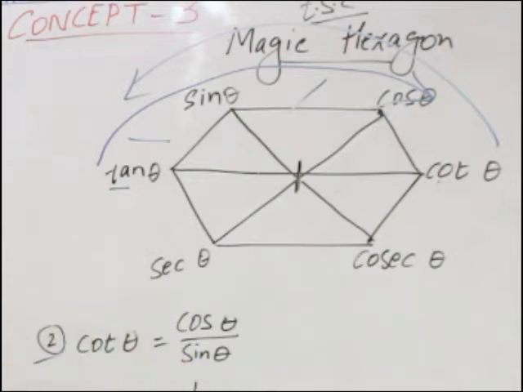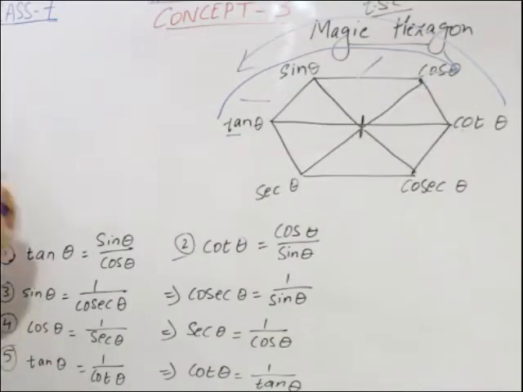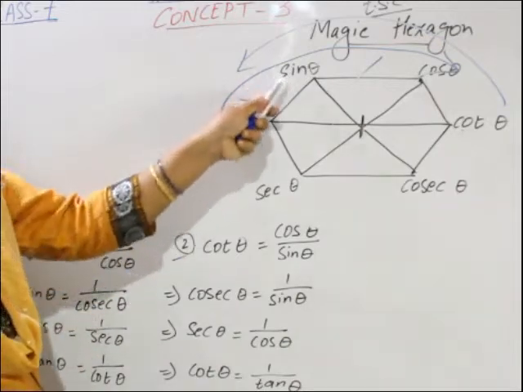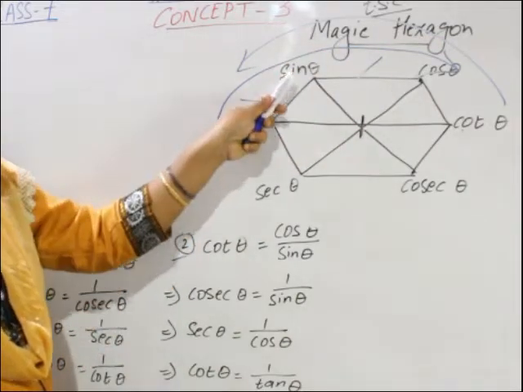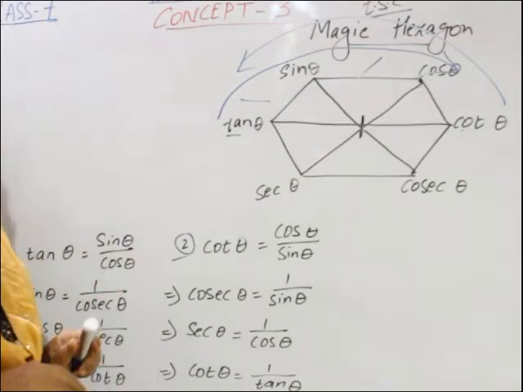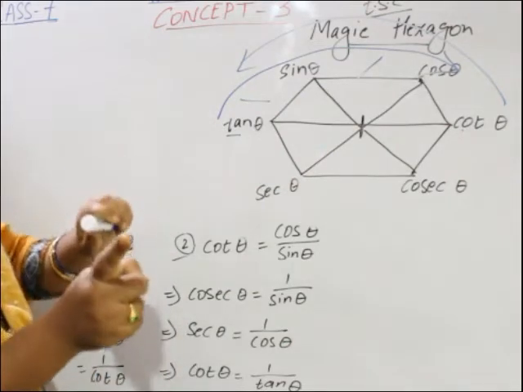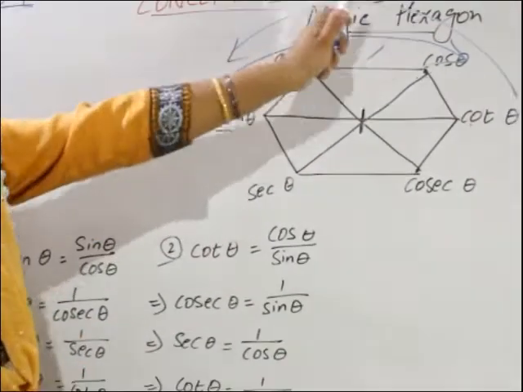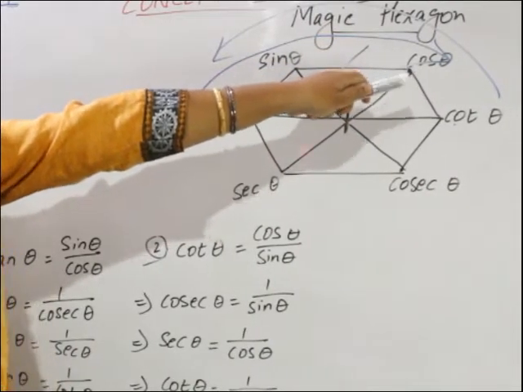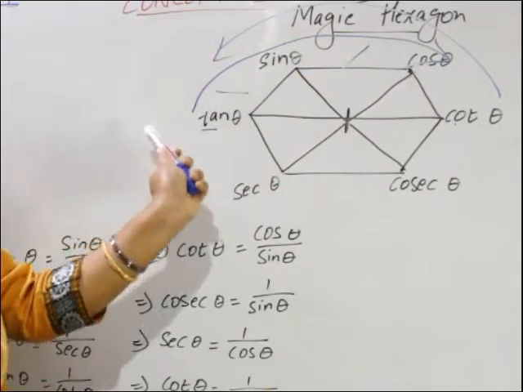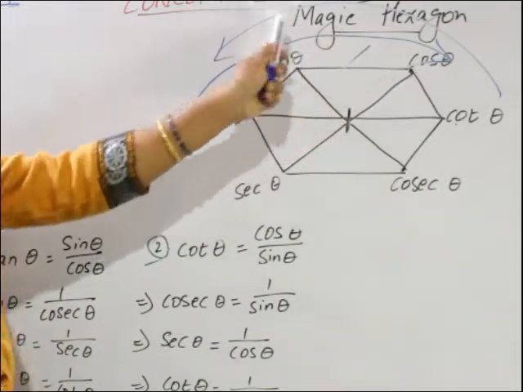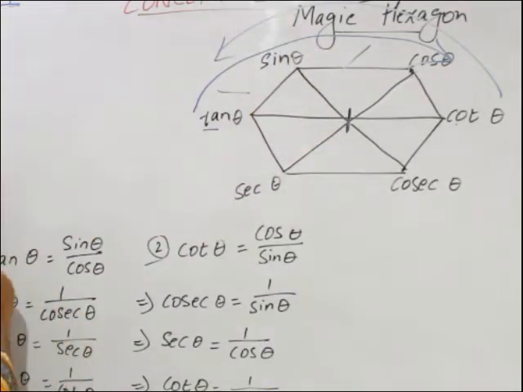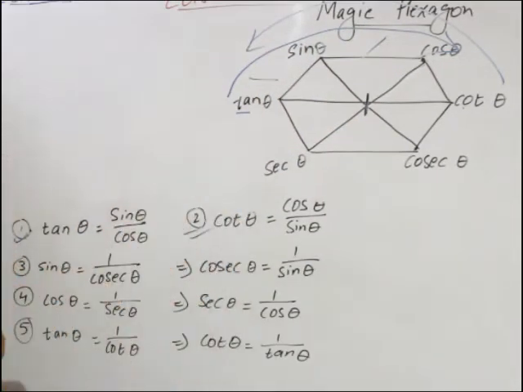Are you understanding? First you have to mark TSC, tan, sine, cosine. Clockwise direction, tan theta equal to sine theta by cos theta. Anti-clockwise direction, cot theta is equal to cos theta by sine theta. First two are over, trigonometric identities.